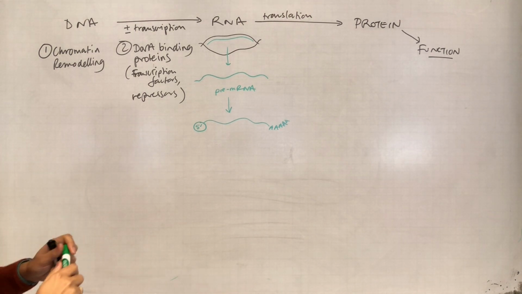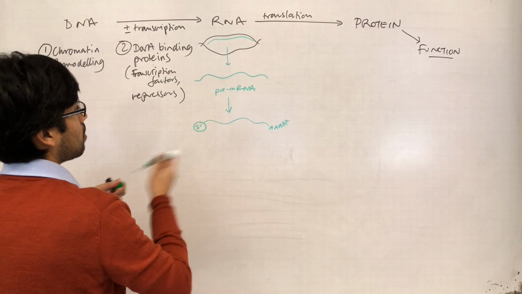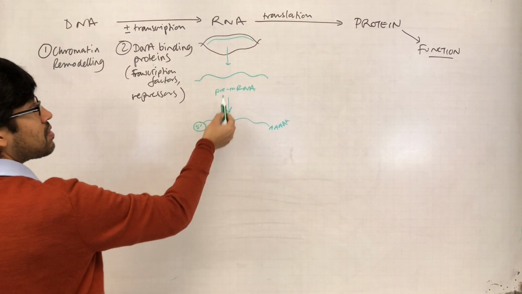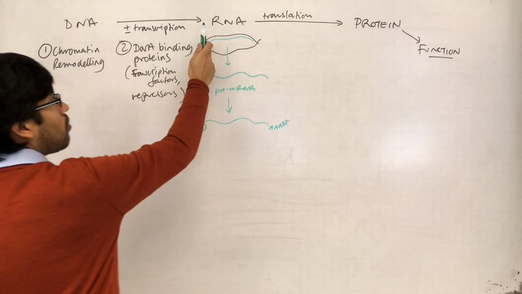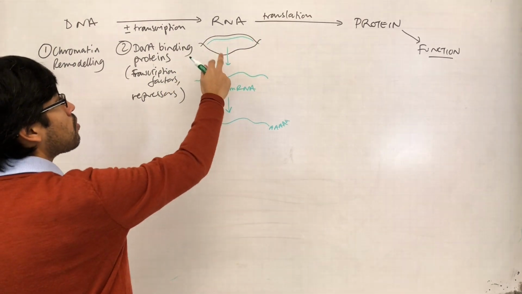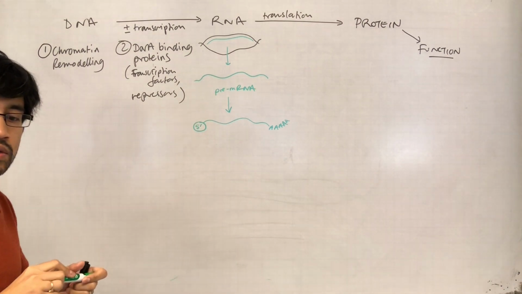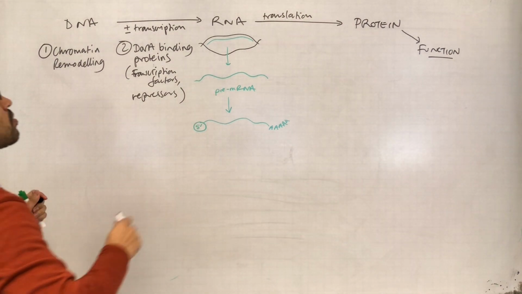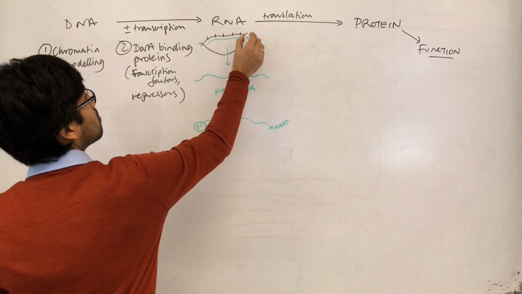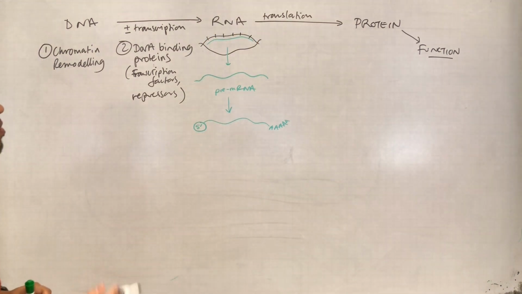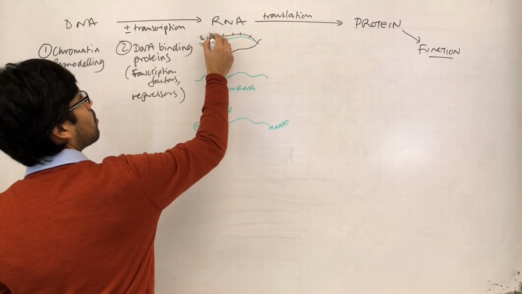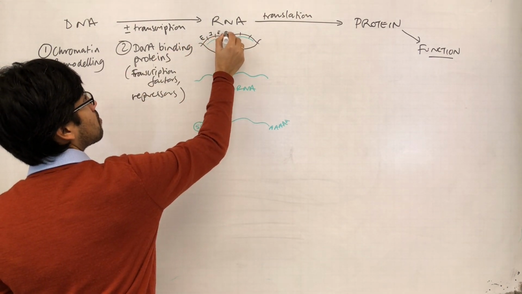And the second thing is that the pre-mRNA molecule is pretty much an exact copy of the DNA sequence, and the DNA sequence contained both non-coding regions and coding regions. The coding regions are called exons, and the non-coding regions are called introns.